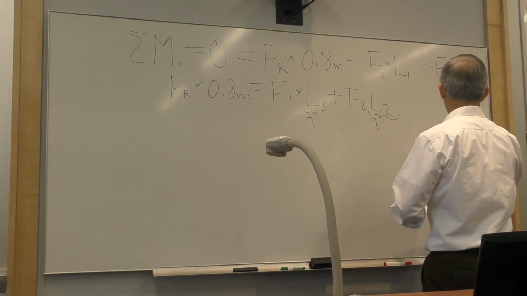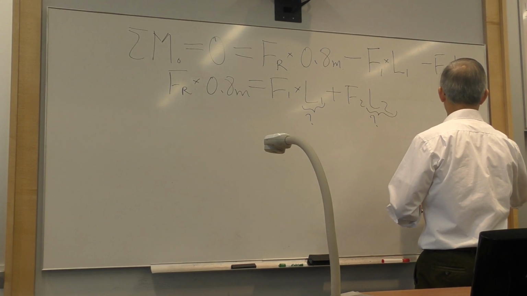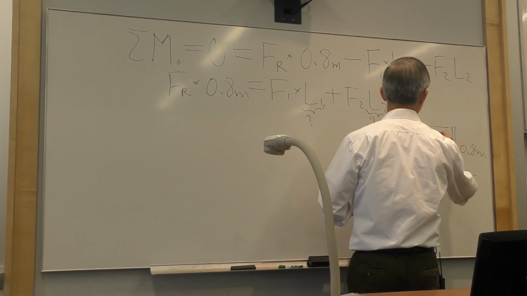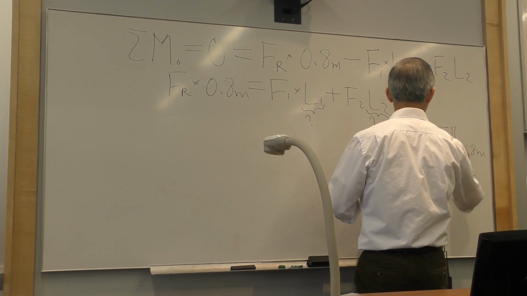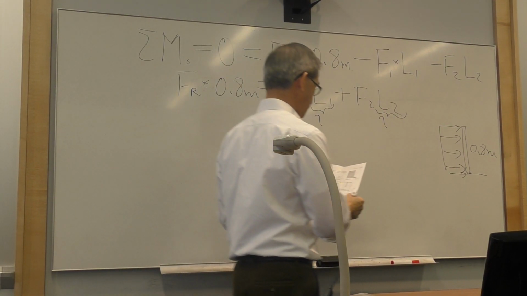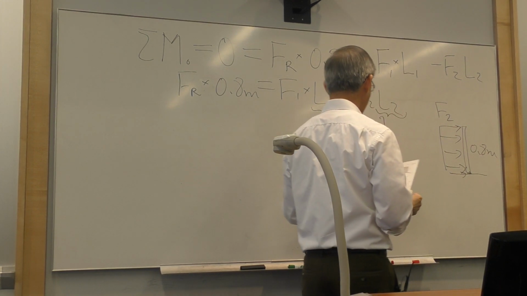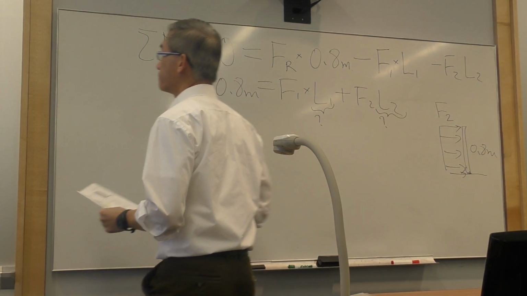So I have now the uniform pressure distribution. We get the forces here of F2 already, as shown over there. My F2.